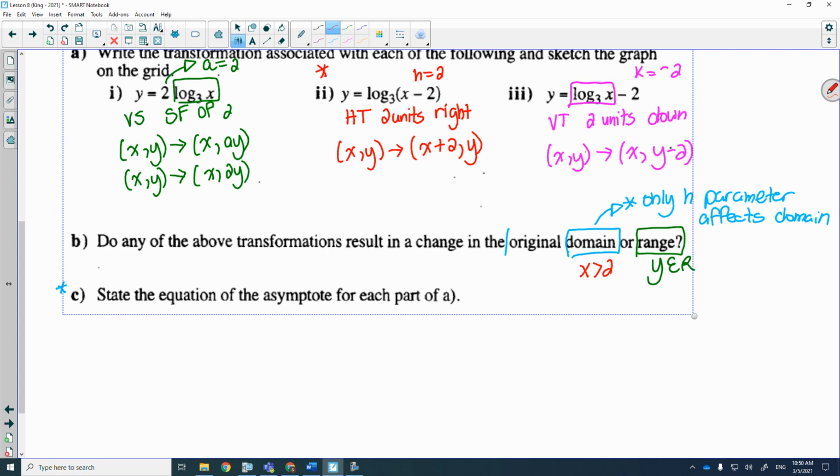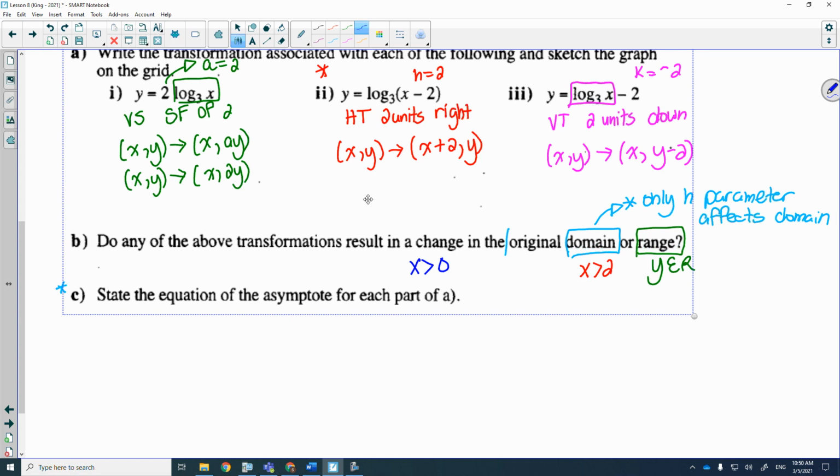The other graphs, if there's no horizontal translations, are going to be x is greater than 0 because the asymptote is always at x is equal to 0. State the equation for each asymptote. This is where it might have caught up on your photocopy. So we just have to say the equation of the green, the equation of this guy, and the equation of the pink.